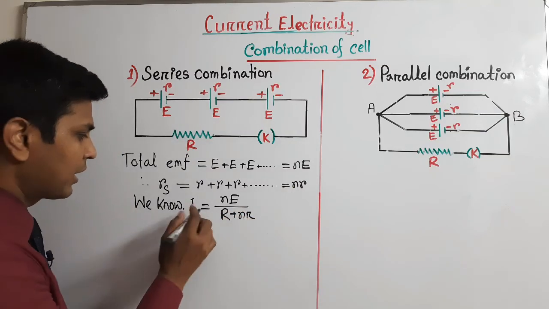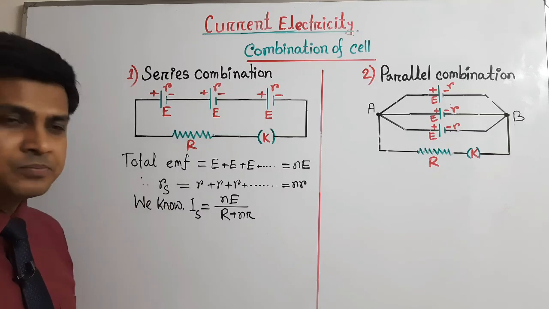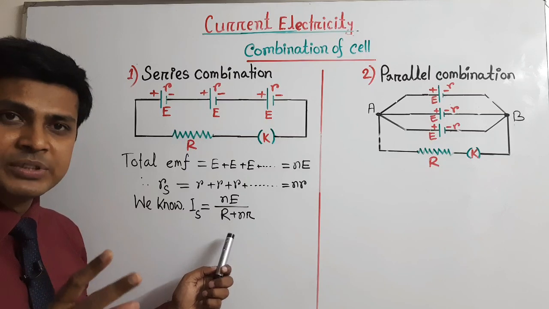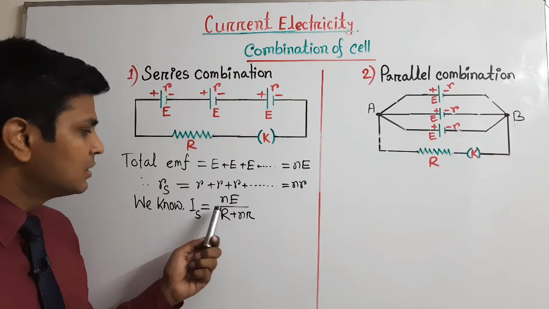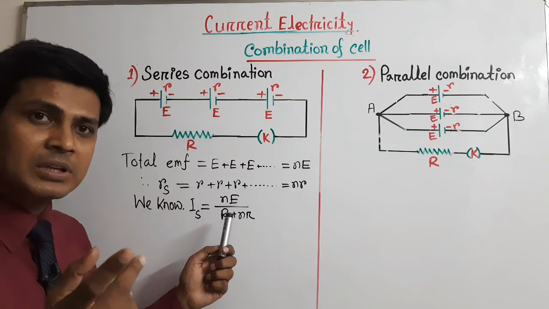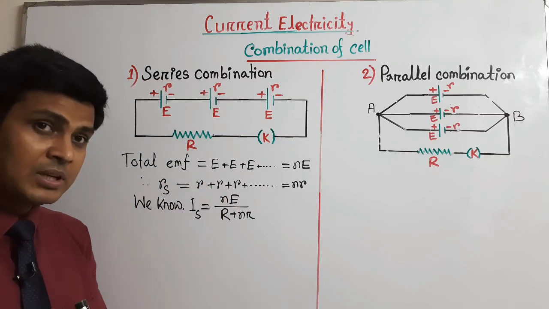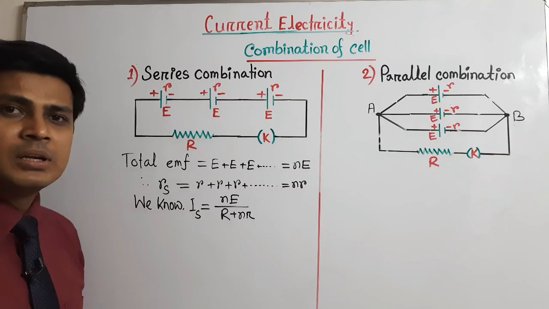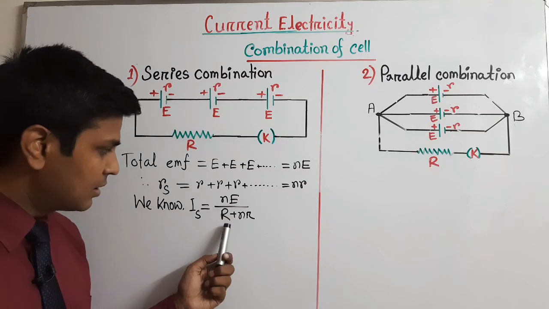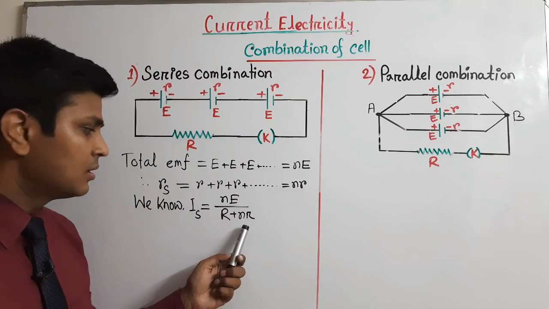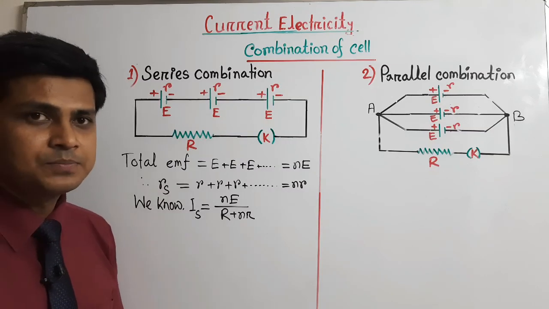So this is the formula to calculate the current for a series circuit, and here n is the number of cells. Suppose in your given circuit there are 3 cells, the value of n will be 3, and if there are 4 cells, then the value of n will be 4. E is the electromotive force, small r is the internal resistance, and capital R is the external resistance.